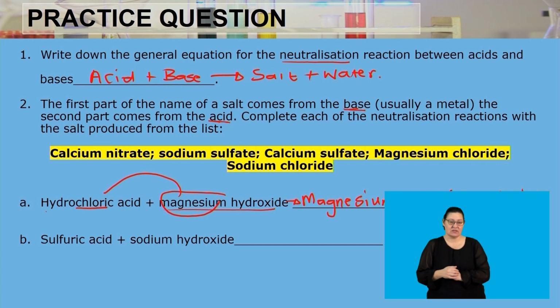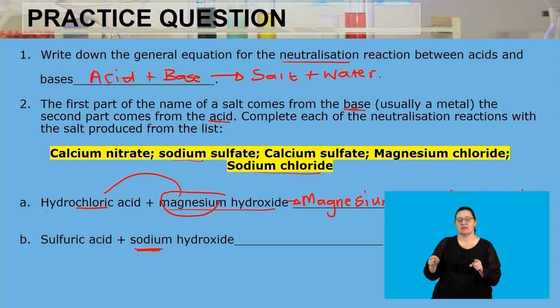Then question B, sulfuric acid plus sodium hydroxide. So obviously starting from a base and then going to the acid. So the base is going to be sodium. In the list that you are given here, we have sodium sulfate and we have sodium chloride.